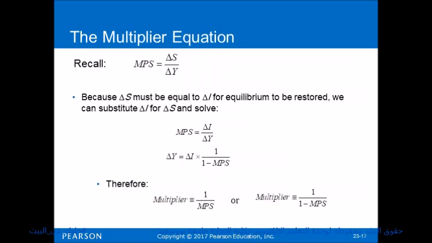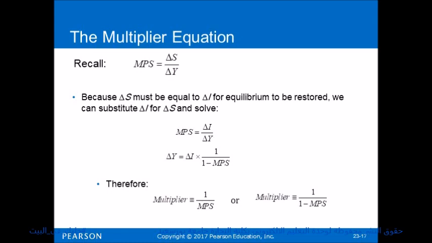Here we show the calculation of the value of the multiplier. Let's recall that the marginal propensity to save is calculated by dividing the change in S, or saving, by the change in income, or Y. Because delta S must be equal to delta I for equilibrium to be restored, we can substitute delta I for delta S and solve.